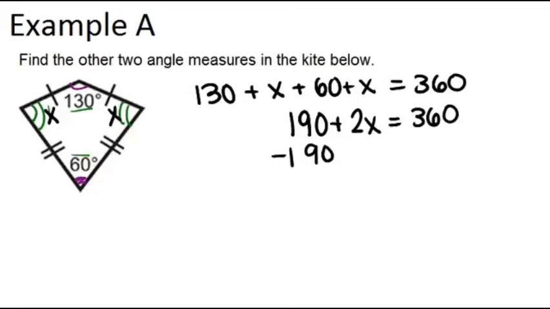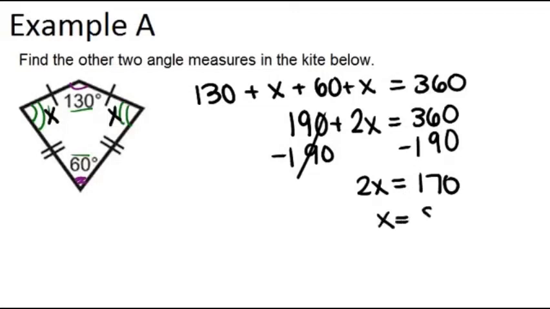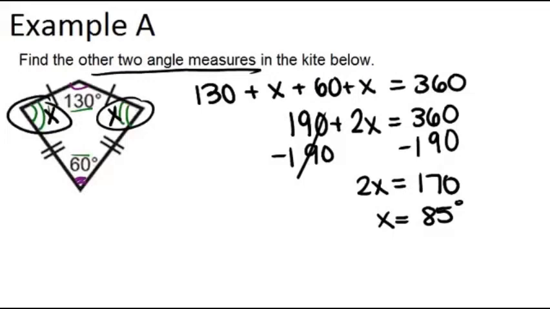Then minus 190 from both sides, and we get 2x equals 170, which means that x equals 85. So the other two angle measures, the missing ones in green, are each 85 degrees.